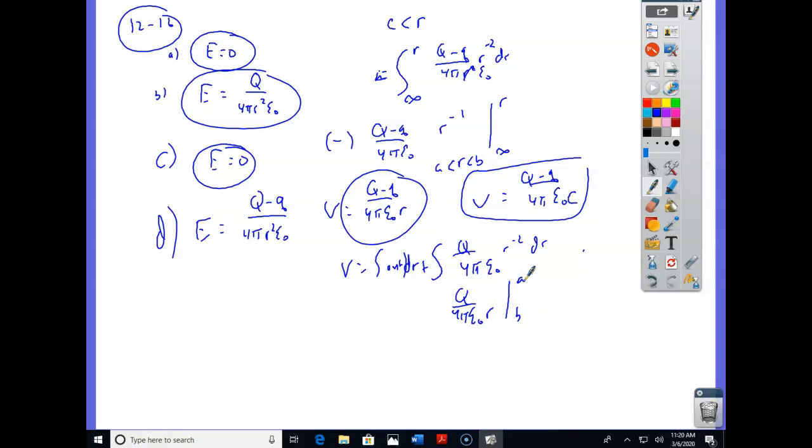So my voltage would be this plus whatever this is going to end up being, right? Okay, so now I'm going to look at this very carefully, and I'm going to be unhappy with it because I wasn't careful. Q over 4 pi E naught R, where R is going to be A, minus Q over 4 pi E naught B. Now, who's going to tell me whether my signs are right or wrong?